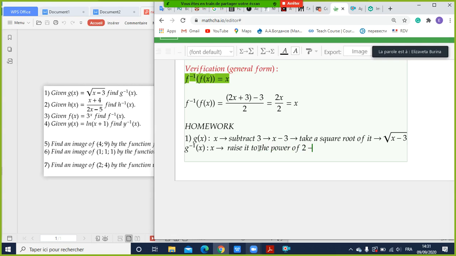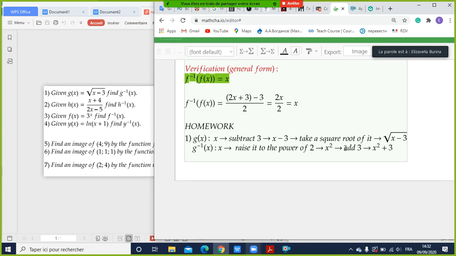Okay, cool. What do we get? We get x to the power of 2, x squared. And then the first action was subtraction of 3, so now we say, well, add 3. And we get x squared plus 3. Okay. Yeah, we got it.